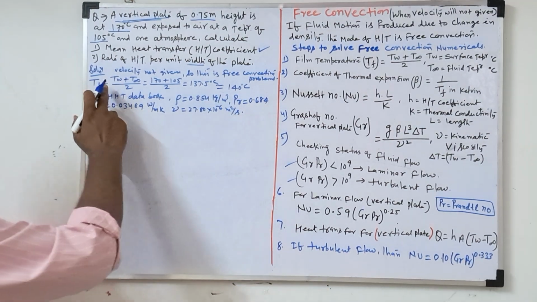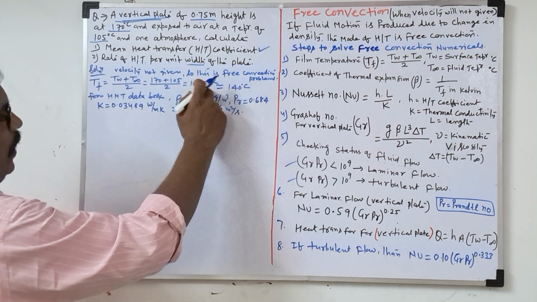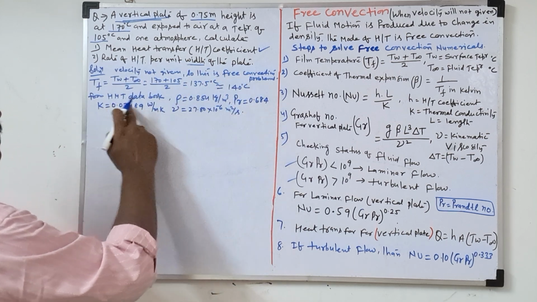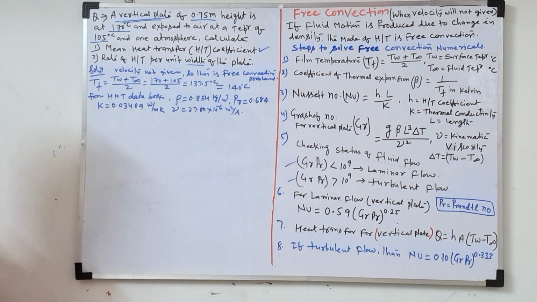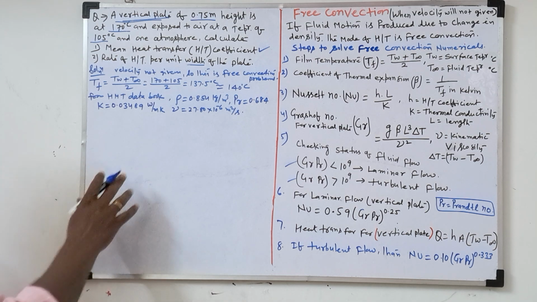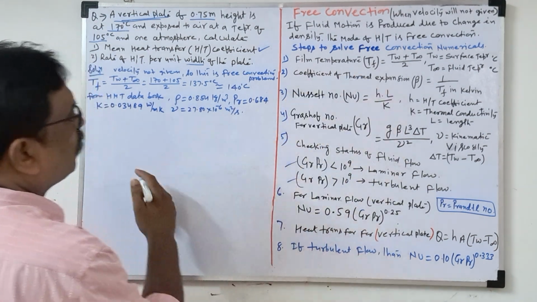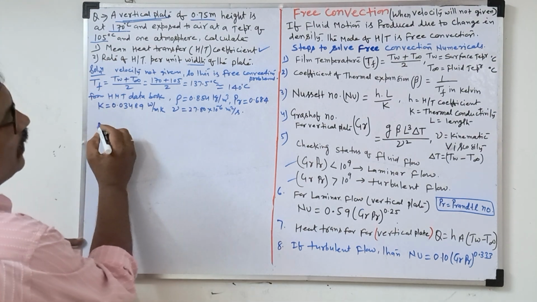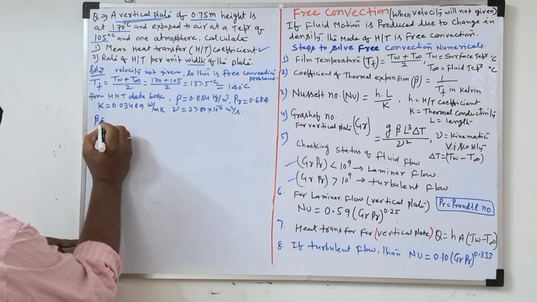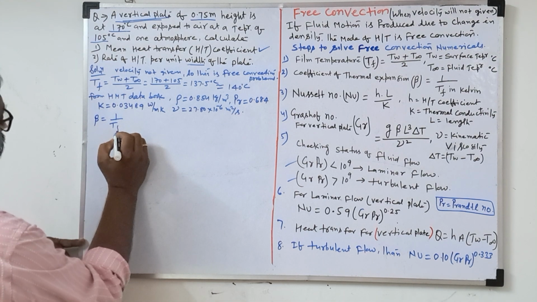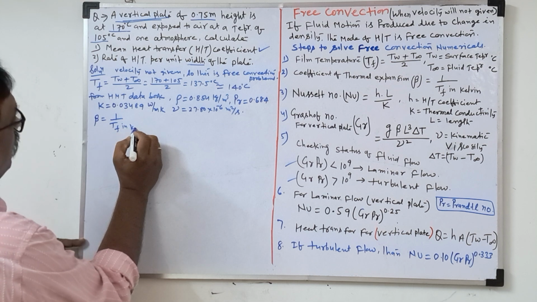So what I did: we found the film temperature, we approximated it, then we wrote the properties. Once we wrote the properties, we'll check the status of the fluid. Before this we need beta, the coefficient of thermal expansion. So beta is equal to 1 by Tf, which should be in Kelvin.